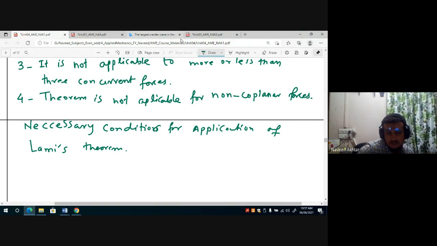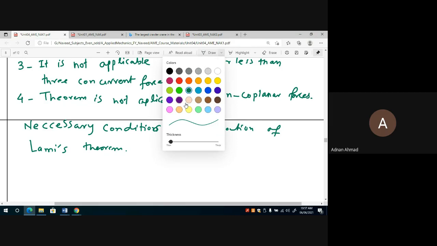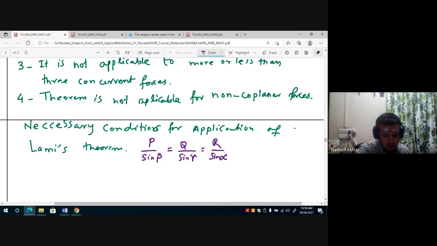What is the Lami's theorem? It is nothing but P upon sine beta, Q upon sine gamma, and R upon sine alpha. Okay, this is the Lami's theorem.